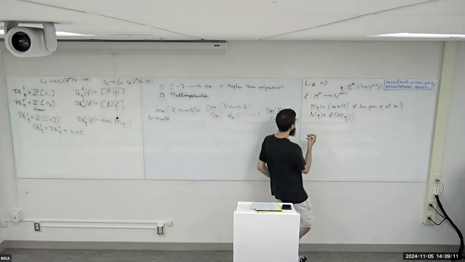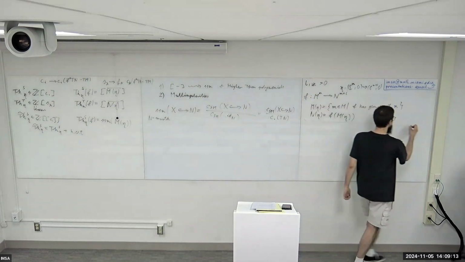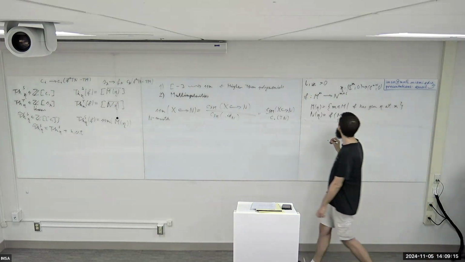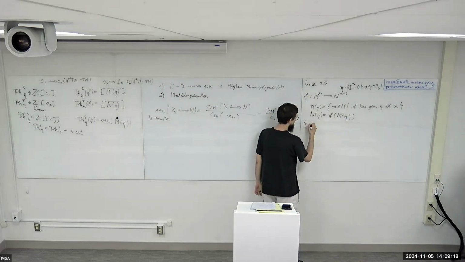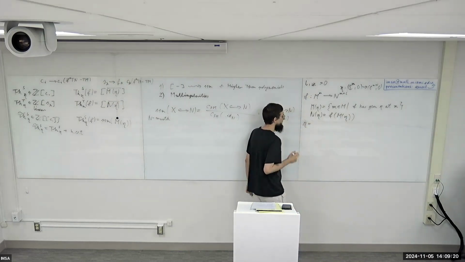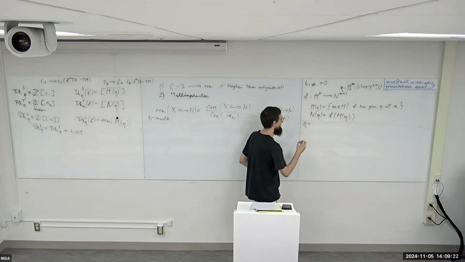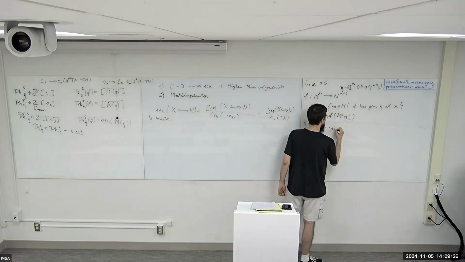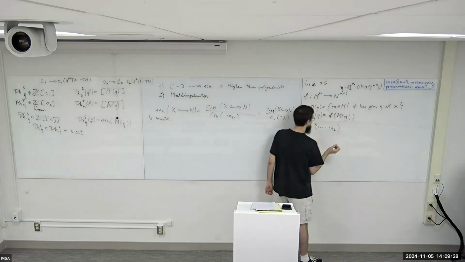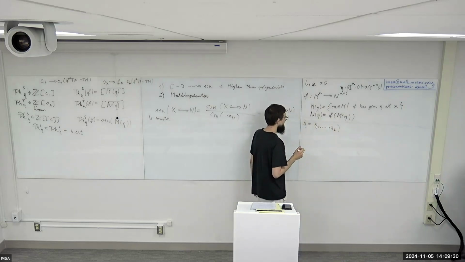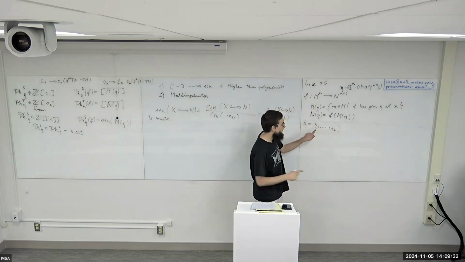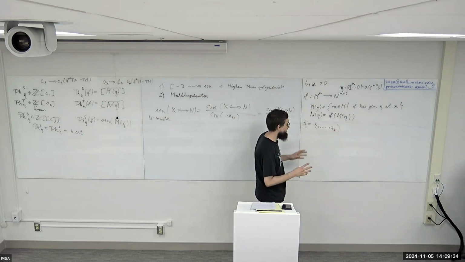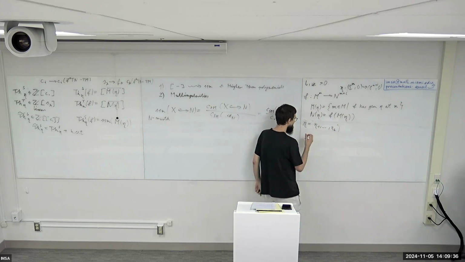And the second idea is to introduce multisingularities. A multisingularity, for me, will be just a multiset of singularities, like eta_1 up to eta_k. I introduced some order, but it's not needed. These things may be the same, like this is a multiset, not just a set.